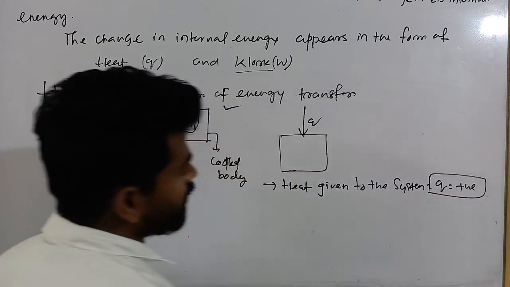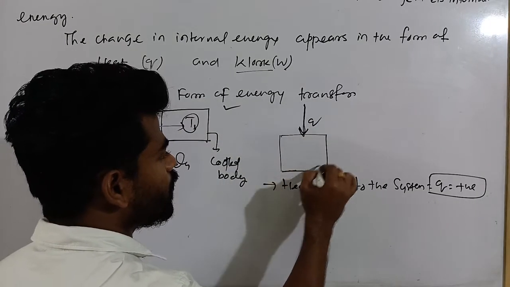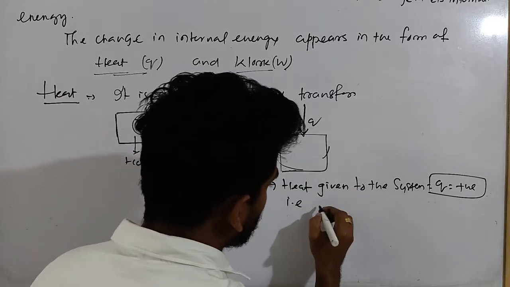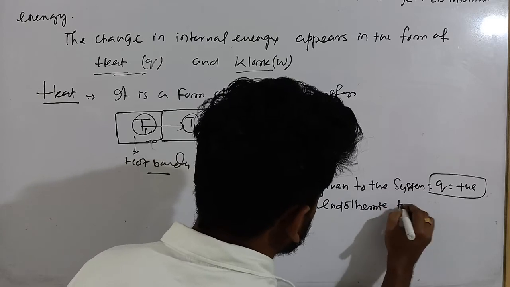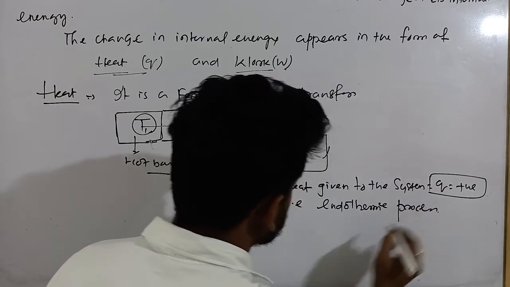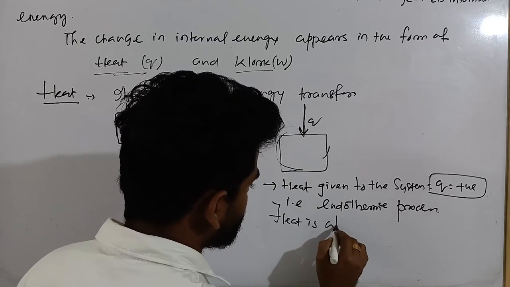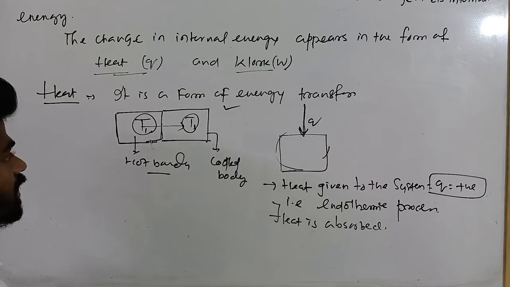So Q is assigned a positive sign whenever a certain amount of heat is supplied to the system. That means the process is an endothermic process. Heat is absorbed.